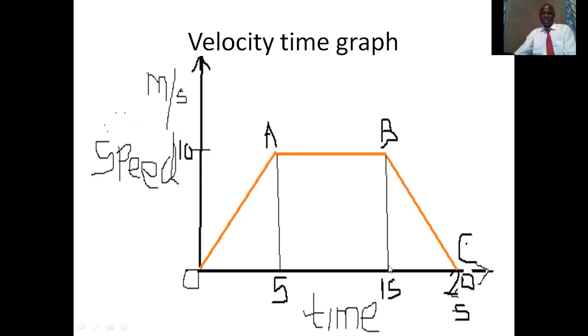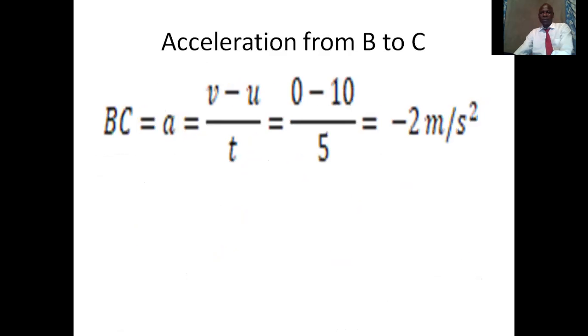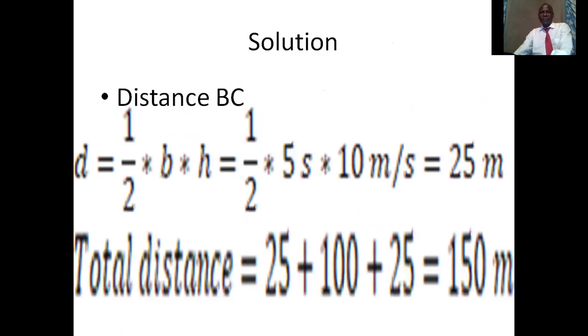So we calculate that one. Distance is equal to half times base times height, which is equal to 5 seconds multiplied by 10 meters per second. This second and this second are going to cancel. So we have 5 times 10, which is 50, divided by 2, which is 25 meters.